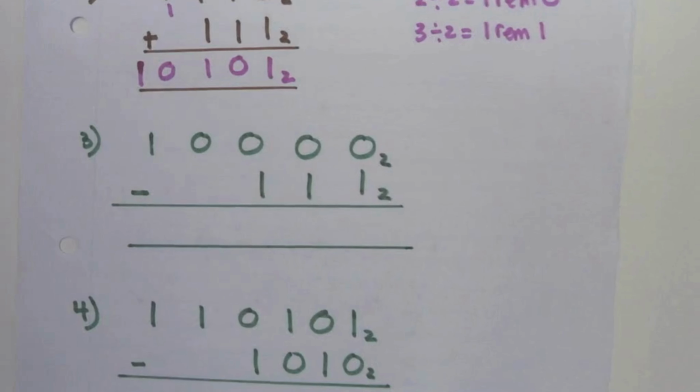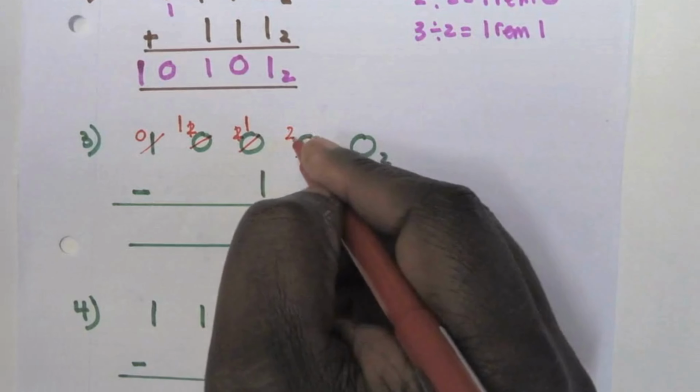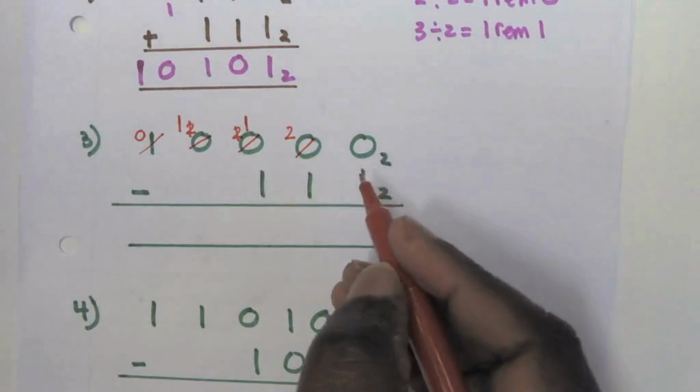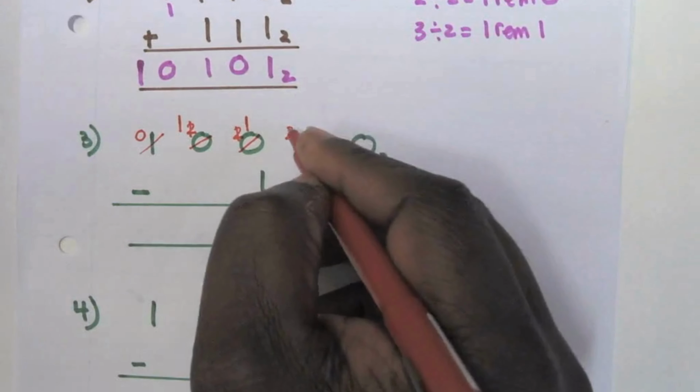But if I look at this part here, 0 minus 1, I have to borrow. From this part here, I'm going to be left with 1. And this part is going to be a 2, because I am in base 2. Then, if I look at the last column, I also need to borrow again.